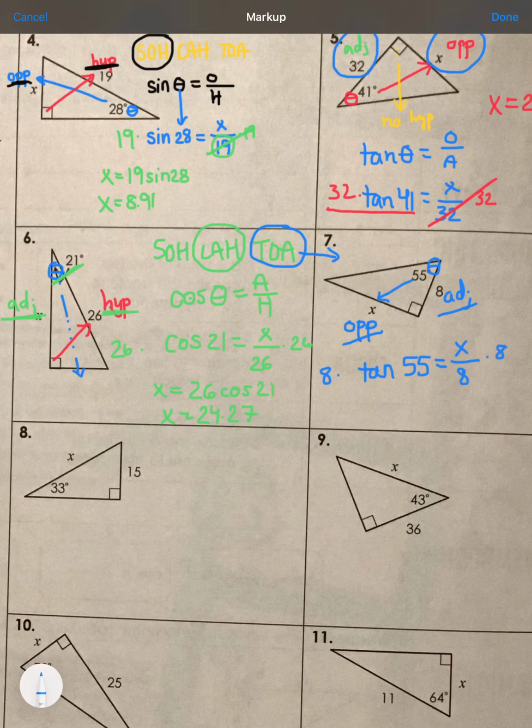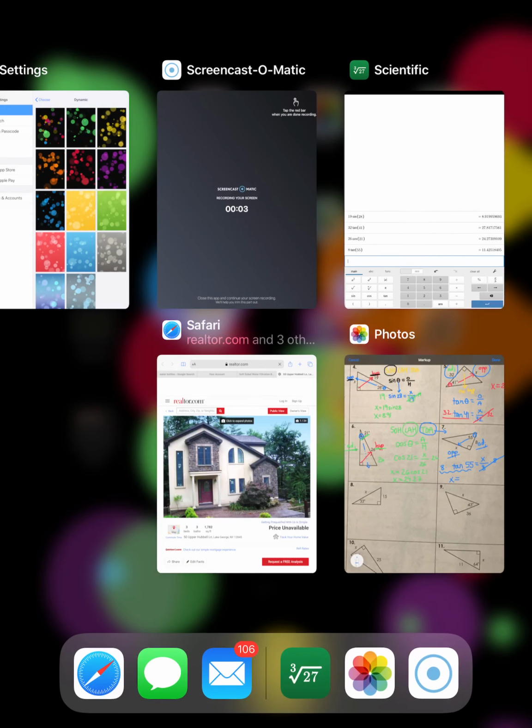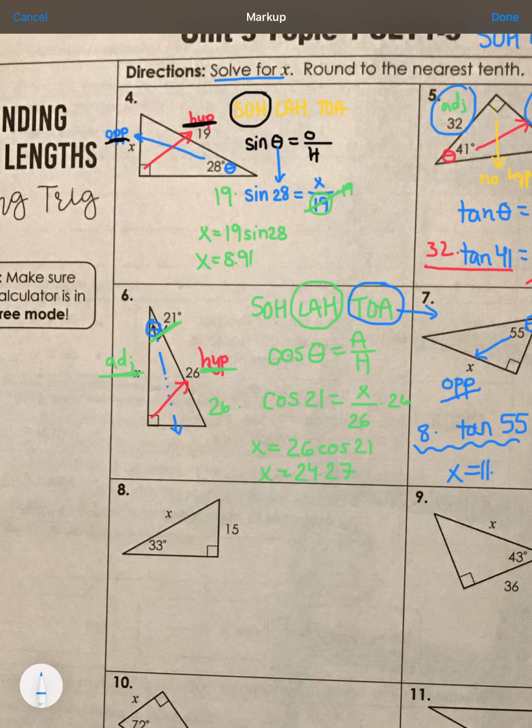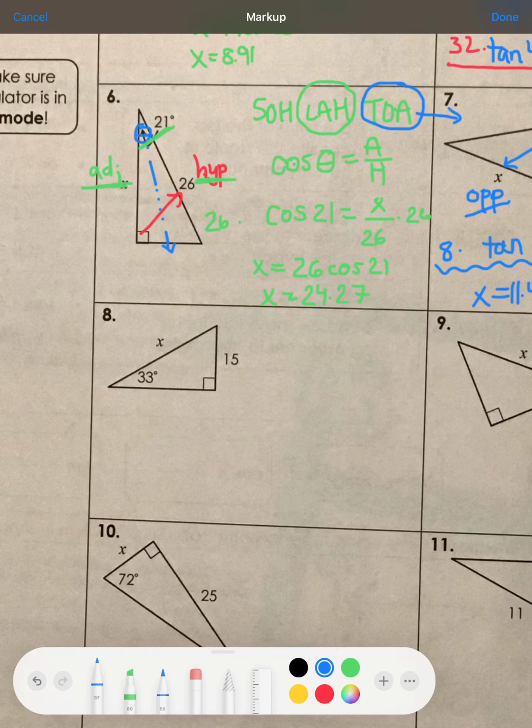So it's going to be tangent of our angle equals the opposite over the adjacent. Once again, you multiply by 8 to get the x by itself. So in the calculator, put in 8 tangent 55. That's 11.42.